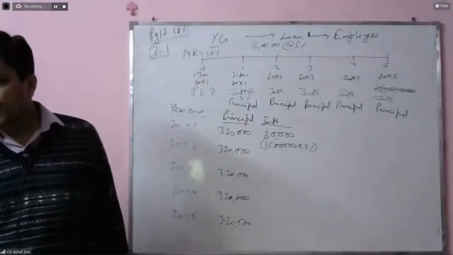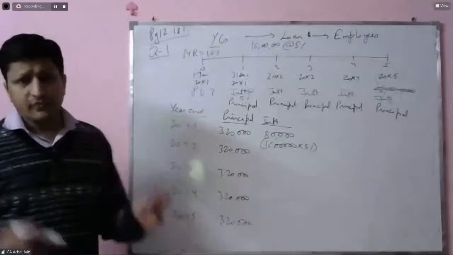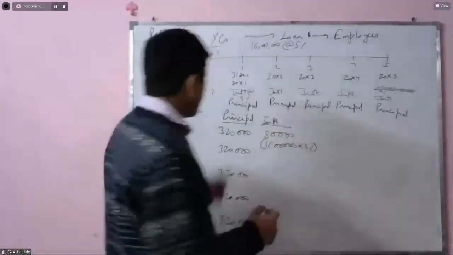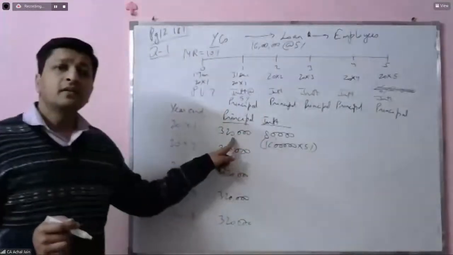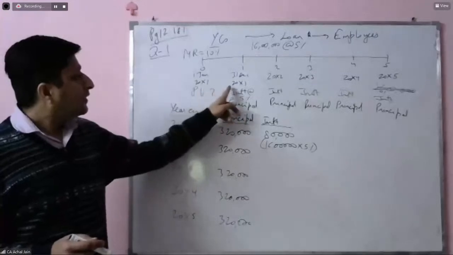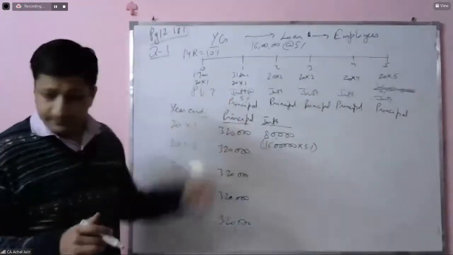Then in the second year, once again, first of all, let's plot the cash flows. In the second year, 3,20,000 will be paid. So here, 16 lakhs minus 3,20,000 will be the balance.